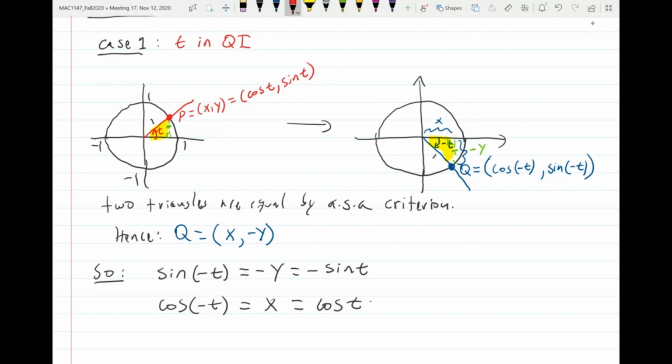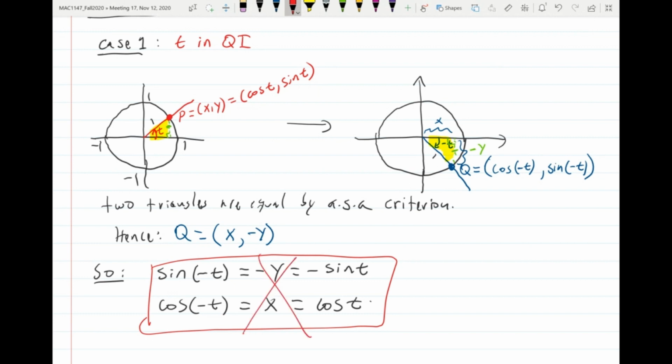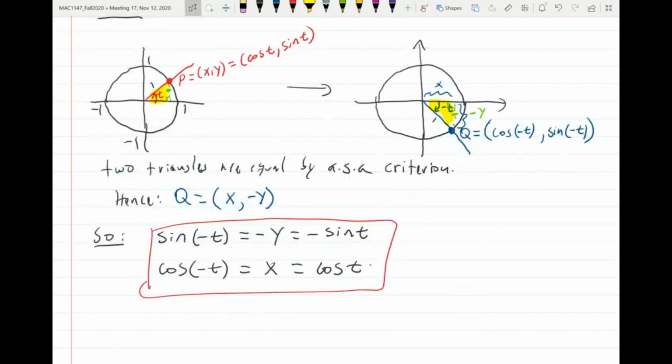So in quadrant 1, we see that sine of negative t is minus sine of t. Now let's ignore the in-between term, and then cosine of negative t equals cosine of t. So as far as quadrant 1 is concerned, what behavior do we have here? Sine behaves like an odd function, and cosine behaves like an even function.